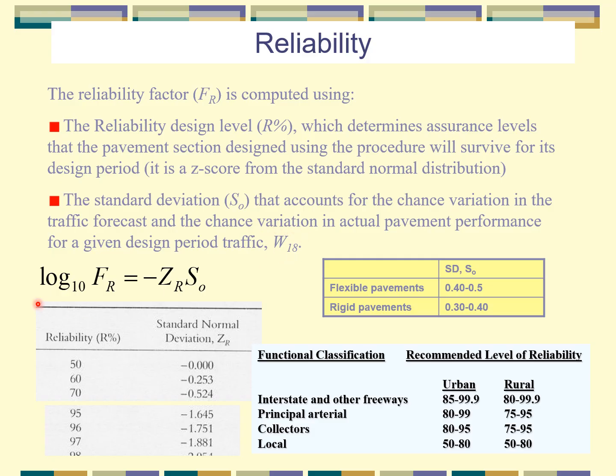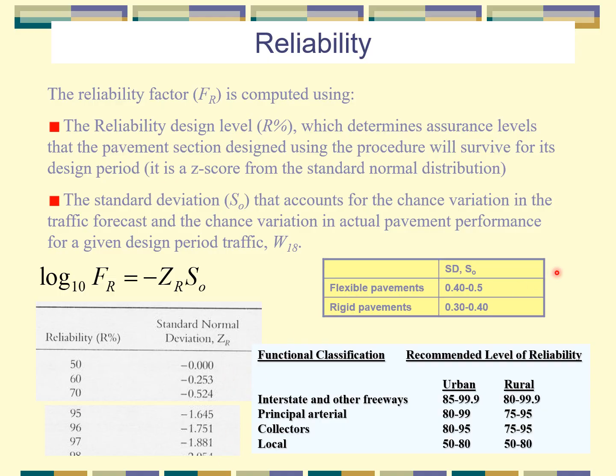And look at the formula. Log base 10 of F sub R, where F sub R is the reliability factor, is equal to minus Z sub R times S naught. Z sub R is the standard normal deviate and S naught is the standard deviation. Corresponding to different reliability levels, you can pick the value of Z sub R from this column.